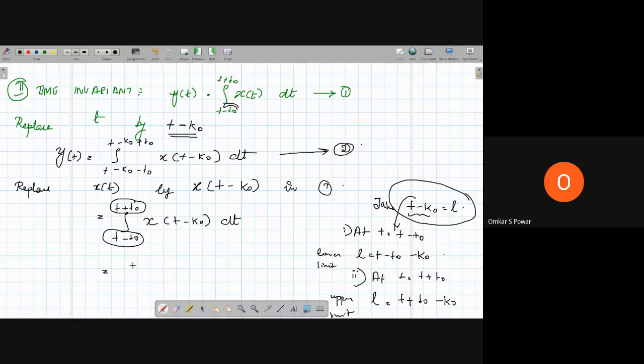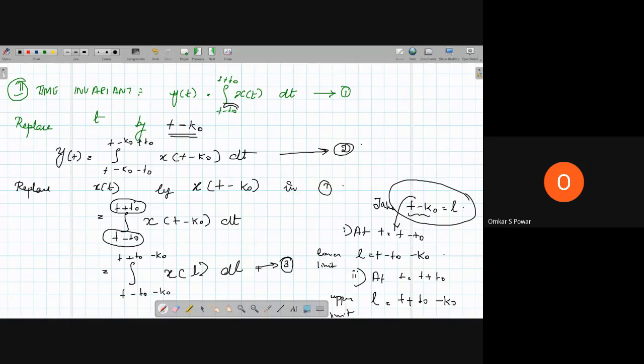So let us change the limits now: t minus t naught minus k naught, t plus t naught minus k naught, and this one x of t minus k naught I have replaced by L, this will be dl. So this is our third equation.